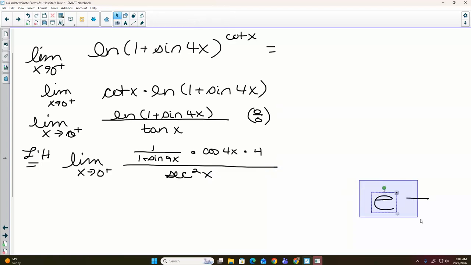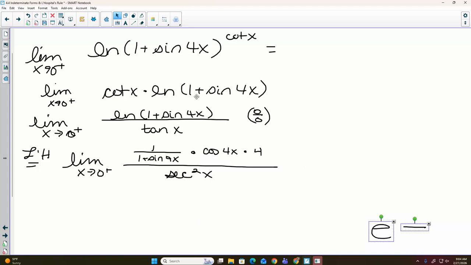This section is really good for making us remember all of our derivative rules. Okay, let's see if this is something we could simplify. So we have a 4, cosine of 0 is 1, over 1 plus the sine of 0, which is 0. On the bottom, secant of 0, cosine of 0 is 1, so secant is 1.